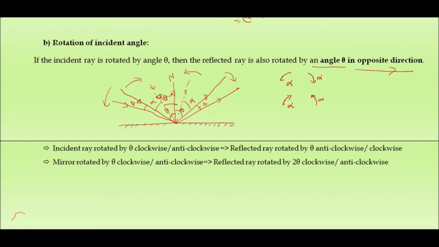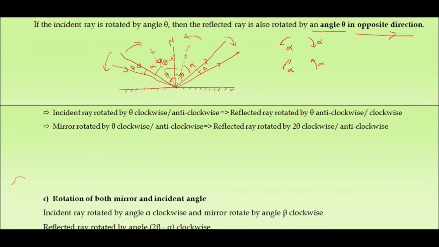So all things are written here. If the incident ray is rotated by angle theta clockwise or anti-clockwise, then the reflected ray will rotate by angle theta anti-clockwise or clockwise. So notice the difference in order here.